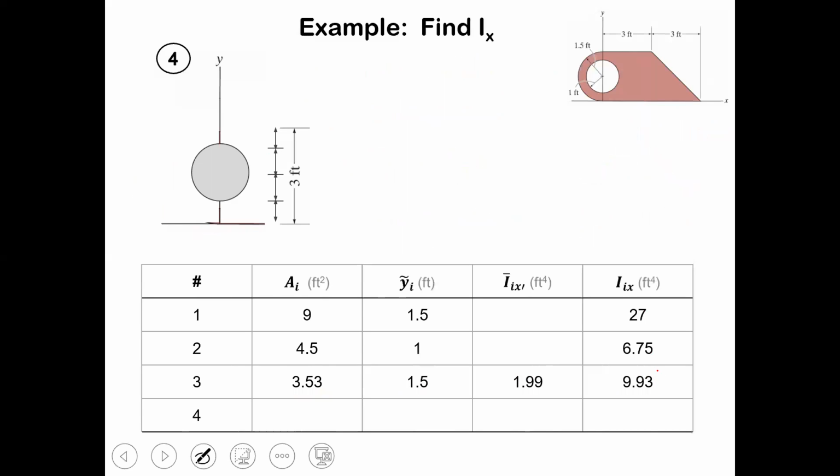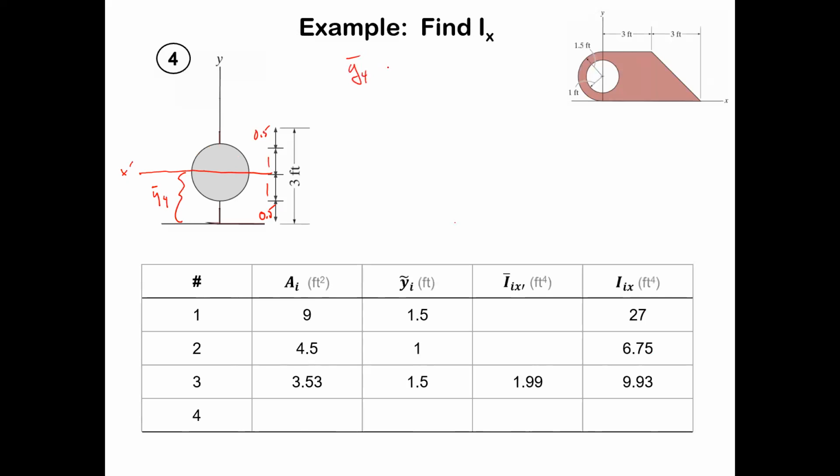And then the last thing is you got to do this hole. Well, this hole has a radius of 1. And the height of that hole is the distance y bar, right? So this distance here is y bar sub 4. This here is the x prime axis going through the centroid.